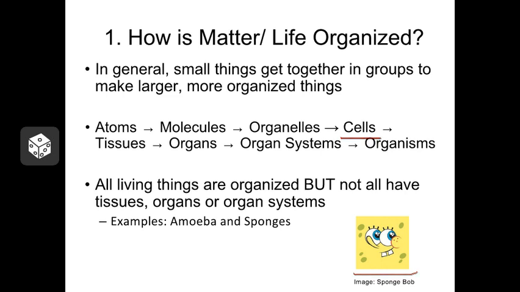They don't really have real tissues or organ systems. They're really simple organisms. Other organisms, such as amoebas and bacteria, they just go to the level of cell as well, but we still consider them living things. So not all living organisms have all of these levels, but all of the really complex ones have these levels.